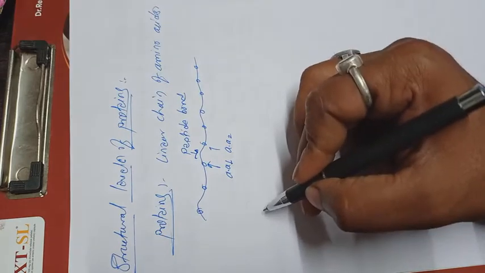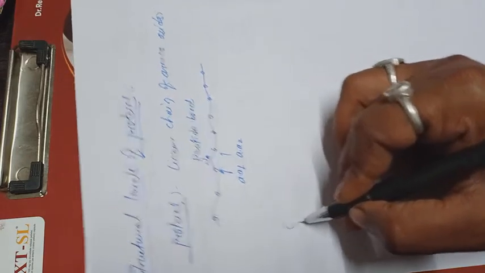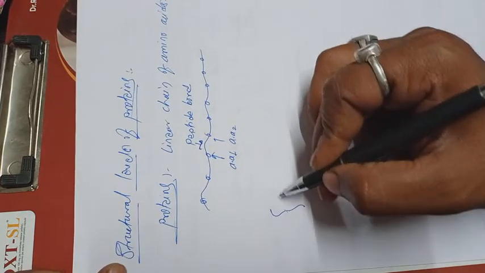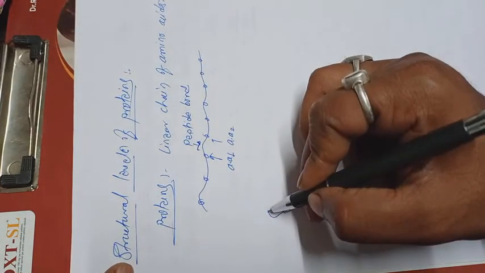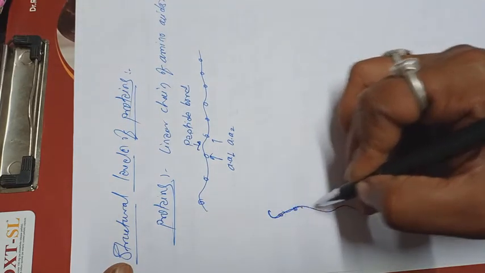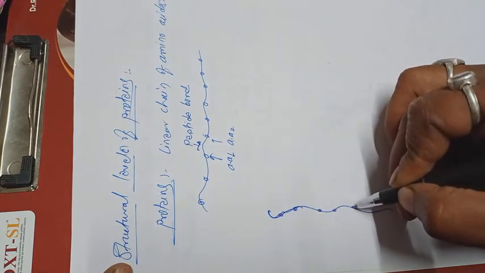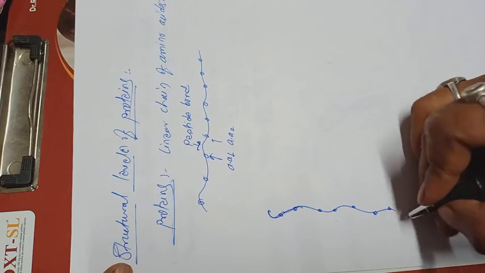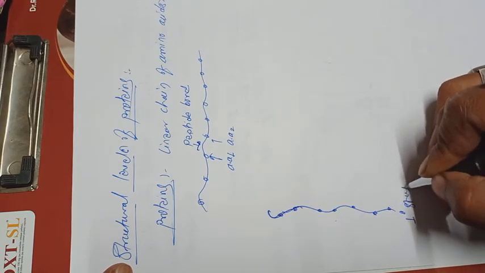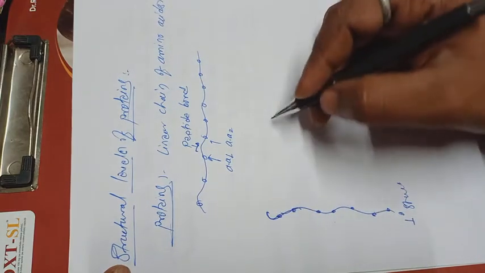So this here is the primary structure. It is a linear chain of amino acids only.